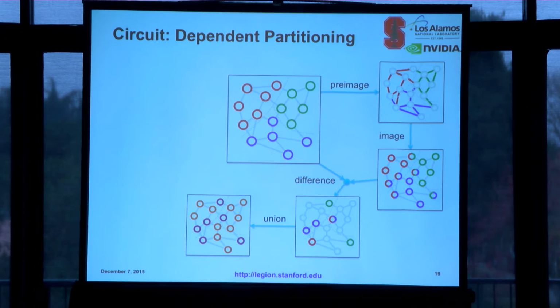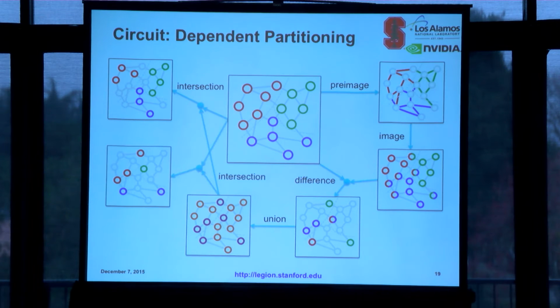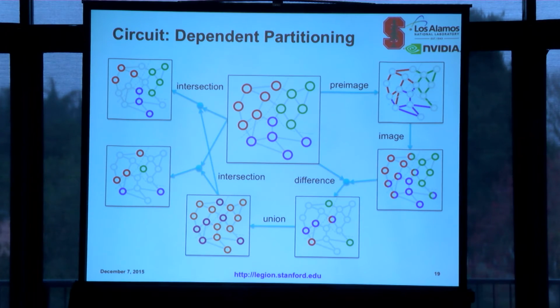The orange ones are actually the difference of that. And then we do two intersections to get the private and the shared. So we're exactly capturing what was going on in the original code, but now that we understand it, we can optimize it, and I'll show you some performance in a moment, and we can also analyze it. And also, the programmer doesn't have to type it all out. They just type the six commands here, and you're good.